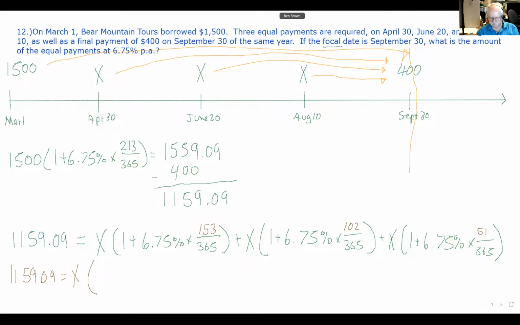That didn't work for some reason. 153 divided by 365 times 6.75% equals, plus 1. And I'll store that in register 1. But what I'm getting is 1.028294521.